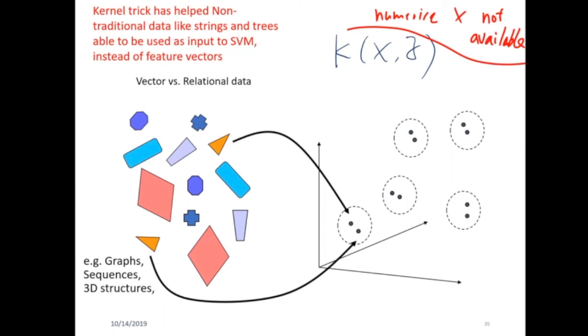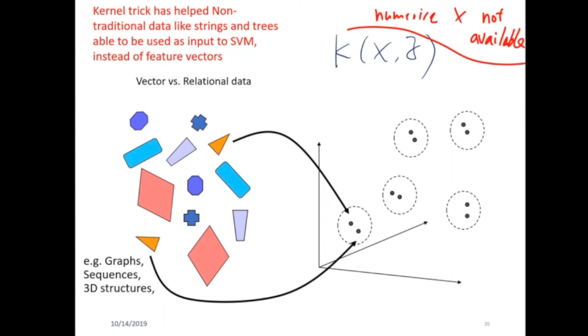And SVM doesn't require you to use x. It only needs the K. So this opens a whole paradigm of potential applications of SVM, right? If you can design K(x, z), because it only requires these pairwise similarities, as long as you can define who is more similar to the other, then you can use SVM to perform principled classification. This is a really important property because I do not need to convert into numerical x.